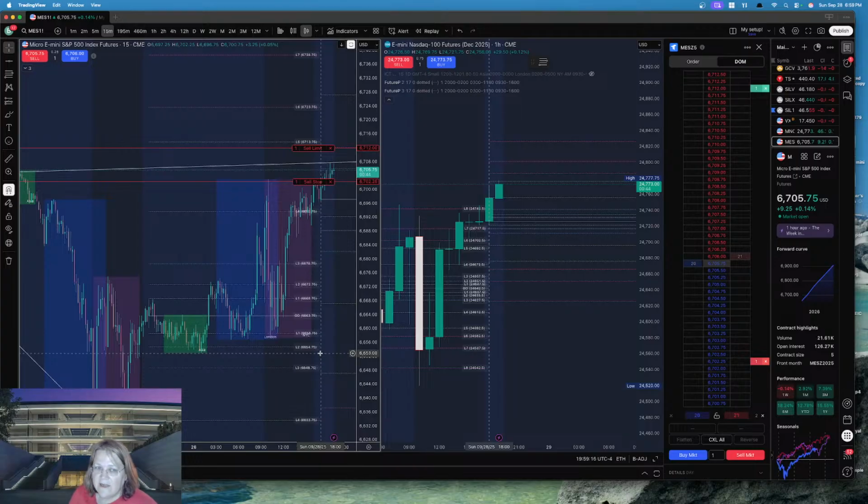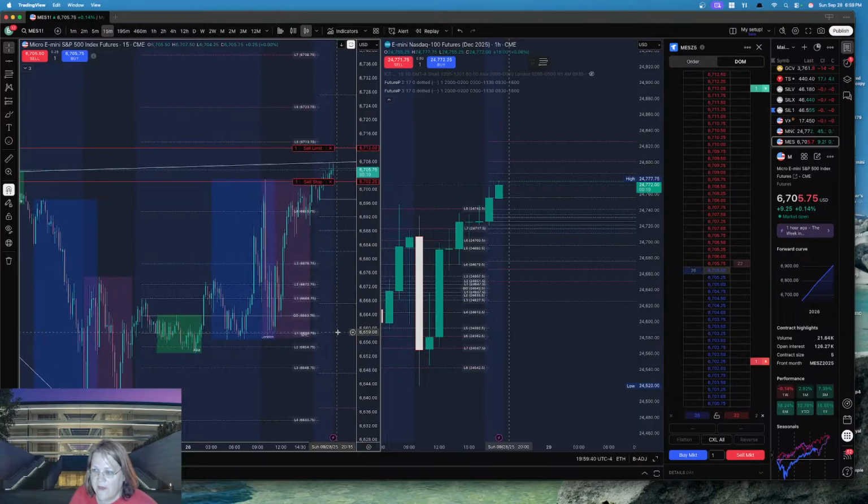Then I added in a couple ICT things with fair value gaps because Rob used to say with the strat, you don't have to be the first one in. Well, it took me forever to figure out exactly what he meant by that. Sometimes you might trigger a 2 up and then come back and touch a fair value gap and then trigger again. Maybe come back and touch the fair value gap, trigger again for the third time.